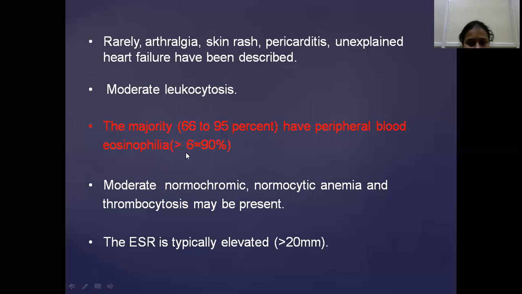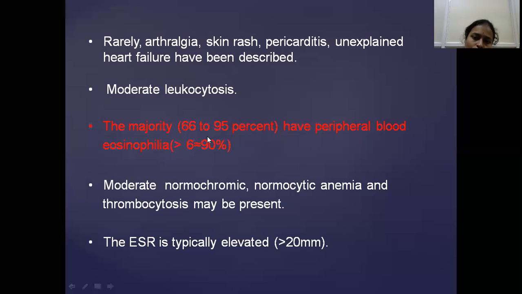The classical feature of chronic eosinophilic pneumonia is a rise in peripheral blood eosinophilia, almost 60 to 90% eosinophils on the peripheral blood differential count. But in acute eosinophilic pneumonia, there is no rise of peripheral blood eosinophils, only a rise of BAL eosinophil counts.